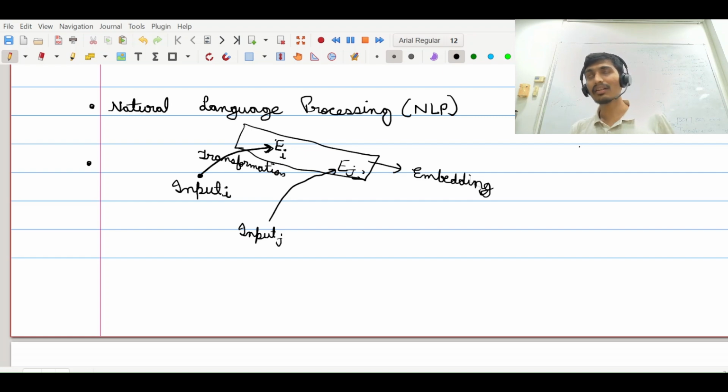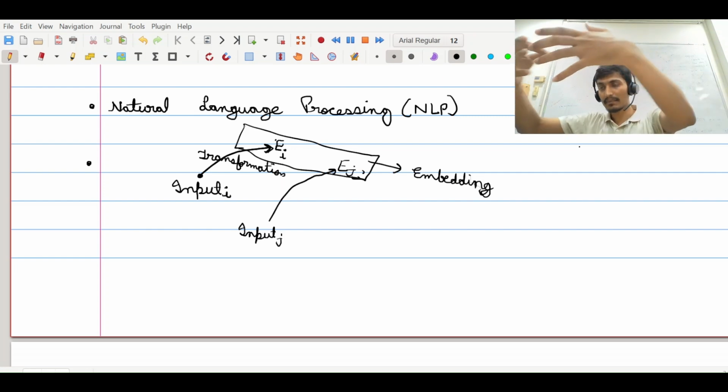And why did we do this particular transformation? Because we want certain properties and characteristics of the inputs to get captured, and to make sense in the embedding space.